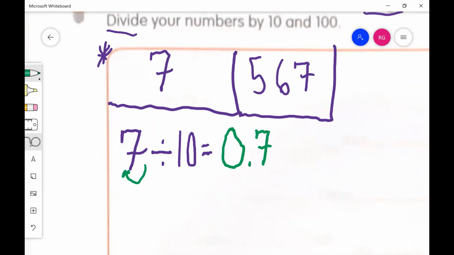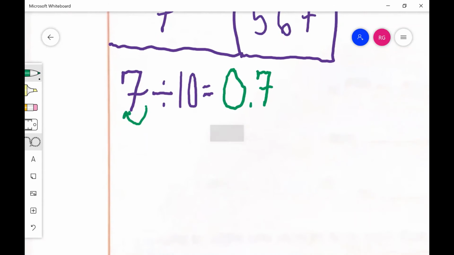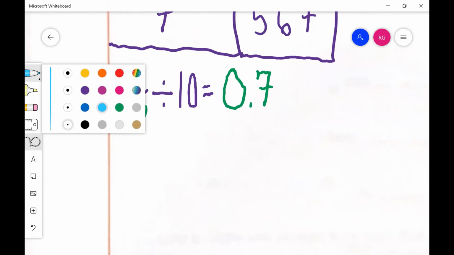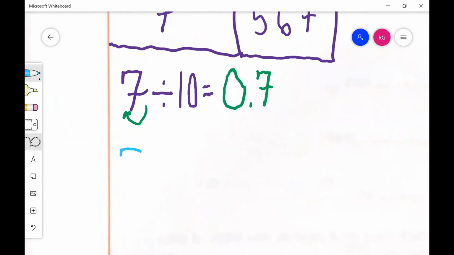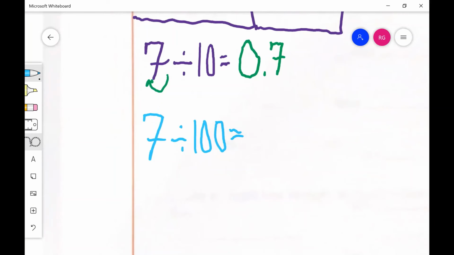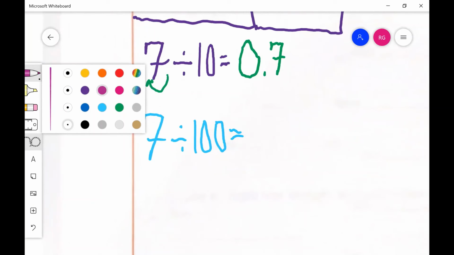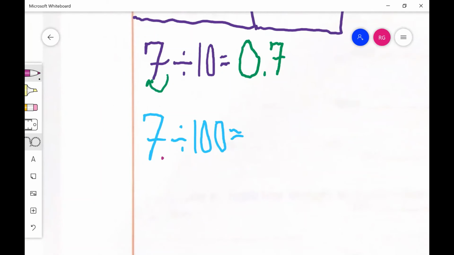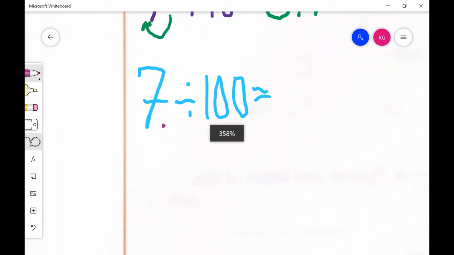All right, and then for the next one, I need to take 7 and divide it by 100. So 7 divided by 100 equals, and in this case, what do I need to do with my decimal, guys? What should I do with this decimal? Probably nothing.